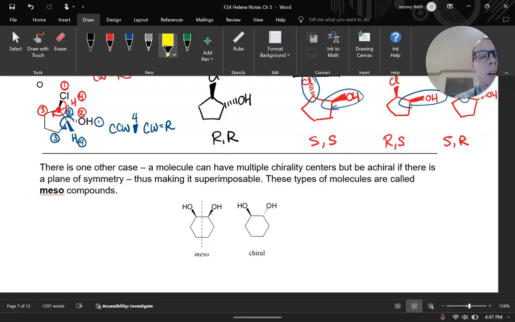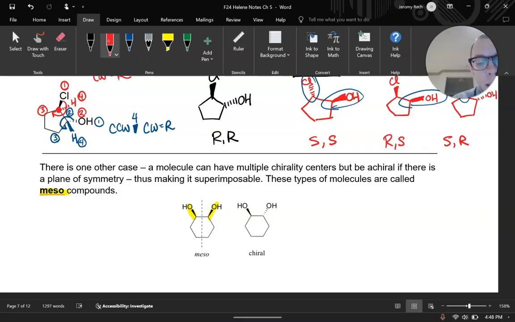And these are known as meso. So for example, in this case, we have two different molecules, both of which have alcohols. In the case where you have a wedge or a dash on your alcohols and they're the exact same, there is a mirror plane shown by the dash, and that mirror plane makes it so there is a mirror image. So that overall molecule is going to be achiral.